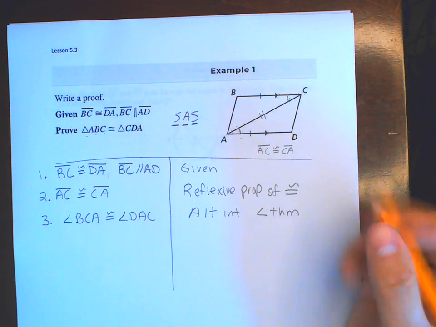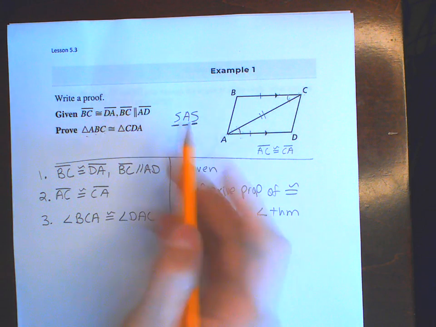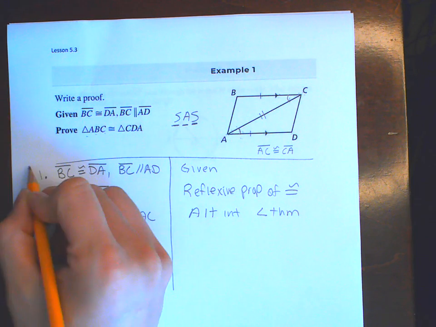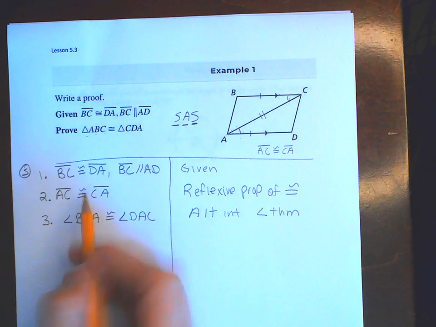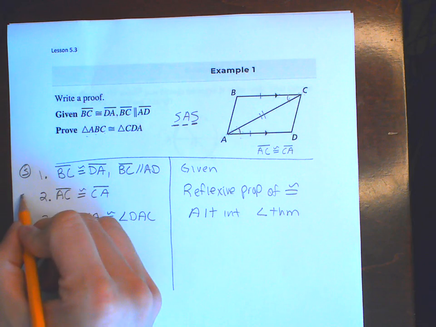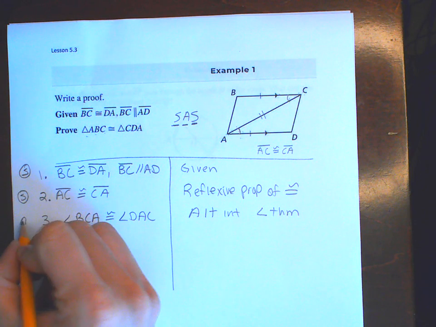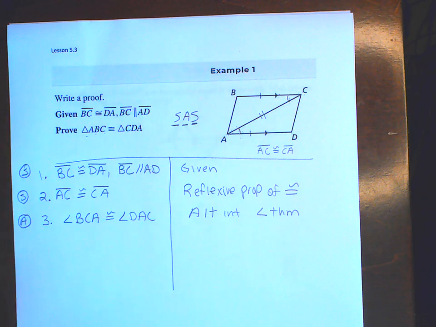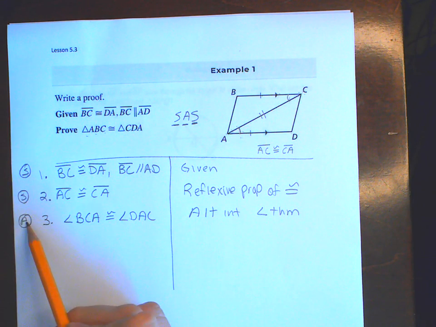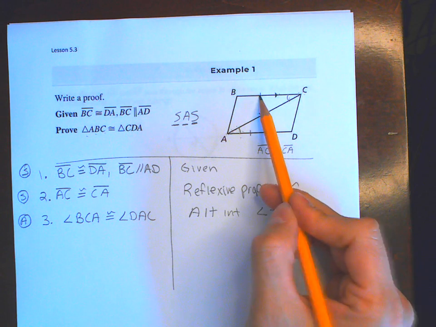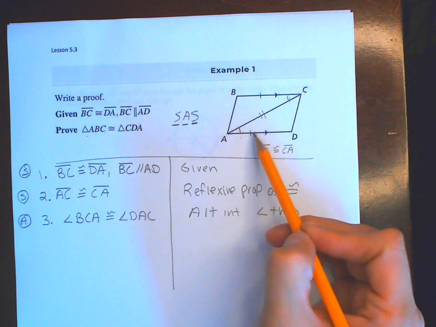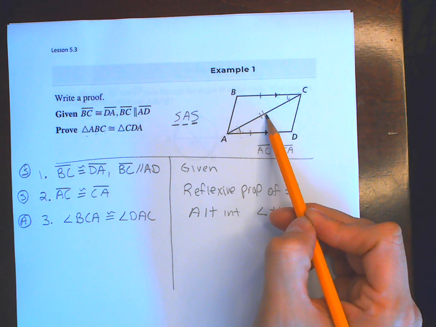So look, I already have my side, which is this one right here. That's my side, my other side, and then my interior angle. Now, they don't have to be in order, okay? But I do have side, angle, side. Look, side, angle, side.